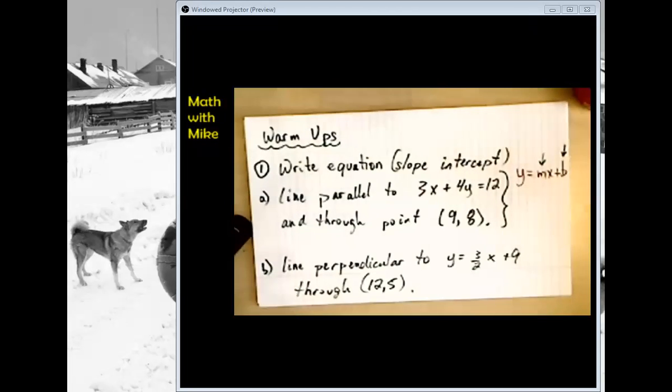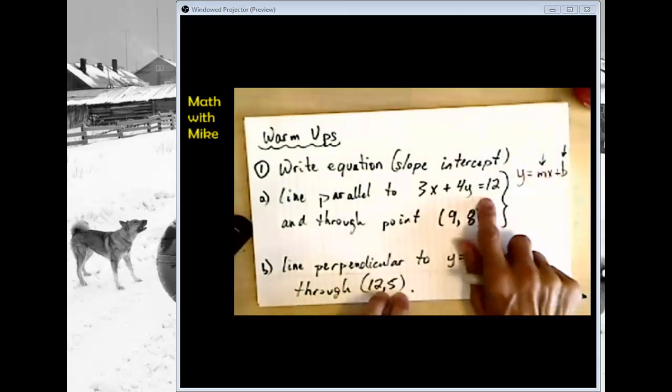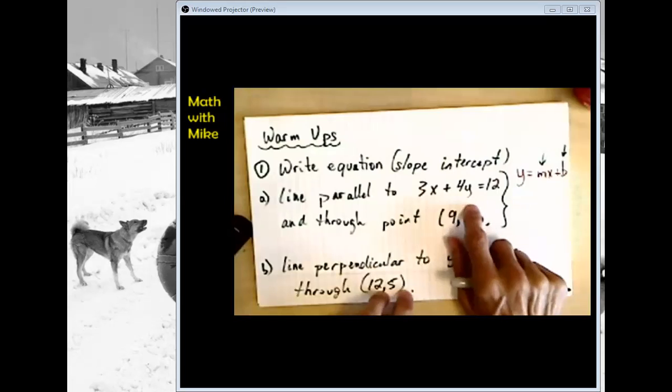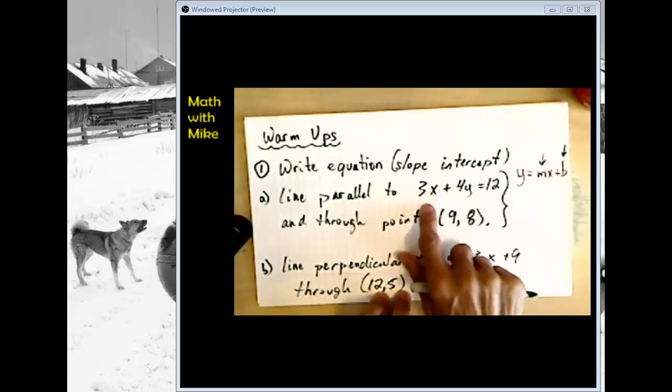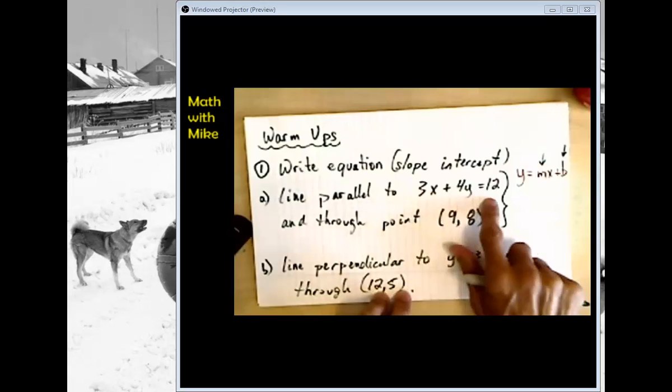Now, m we're going to get from this. Once we find it, what do we do with that slope? We can find the slope from this equation here.